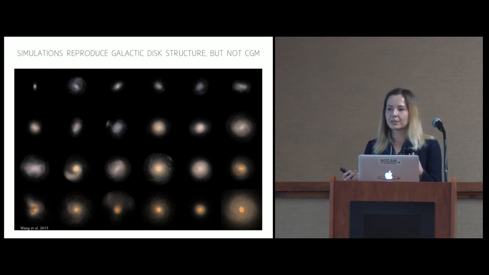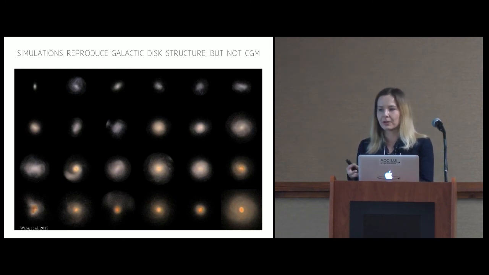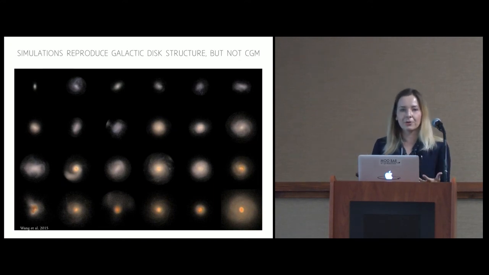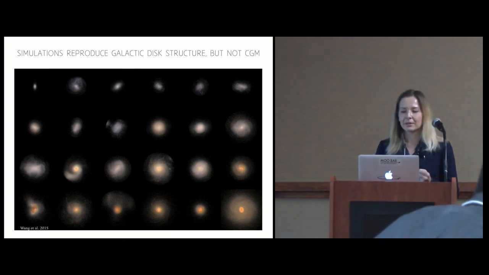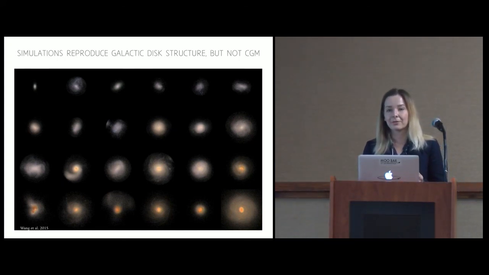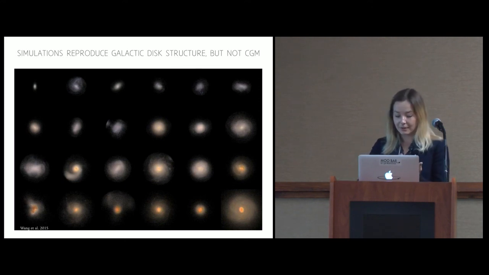In galaxy simulations, when you have a supernova, you inject heat into the simulation, and the field overall has calibrated it pretty well to reproduce the galaxy. But as it turns out, we're not so good at reproducing the CGM structure with thermal supernova feedback.